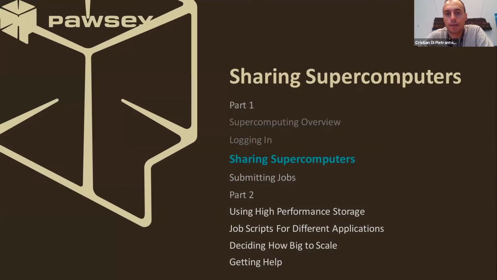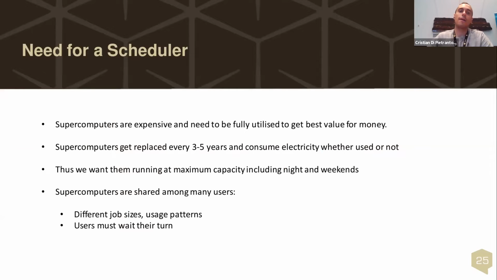Now, the second part is sharing supercomputers. As I said, supercomputers are used by many researchers at the same time. This is because the infrastructure is very big and provides an enormous amount of computation, so it can be used by many people and should be, because running a supercomputer is very expensive and consumes a very large amount of electricity, and whether it is idle or not, there's still consumption.